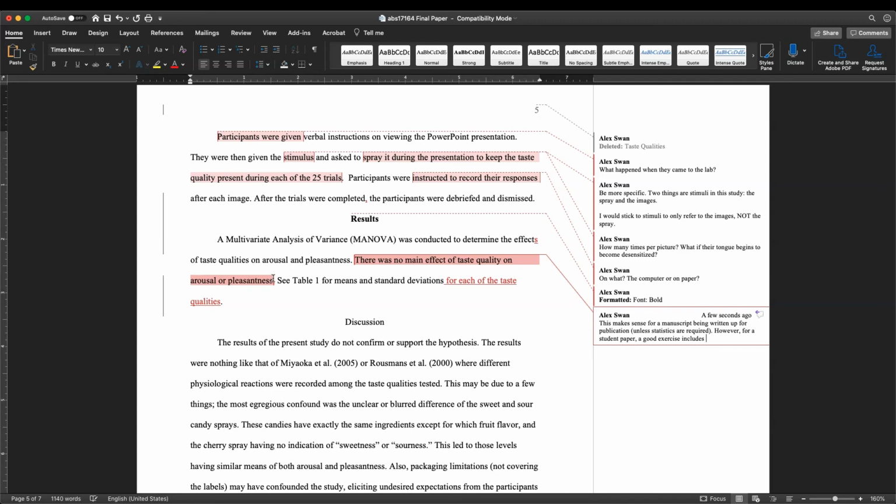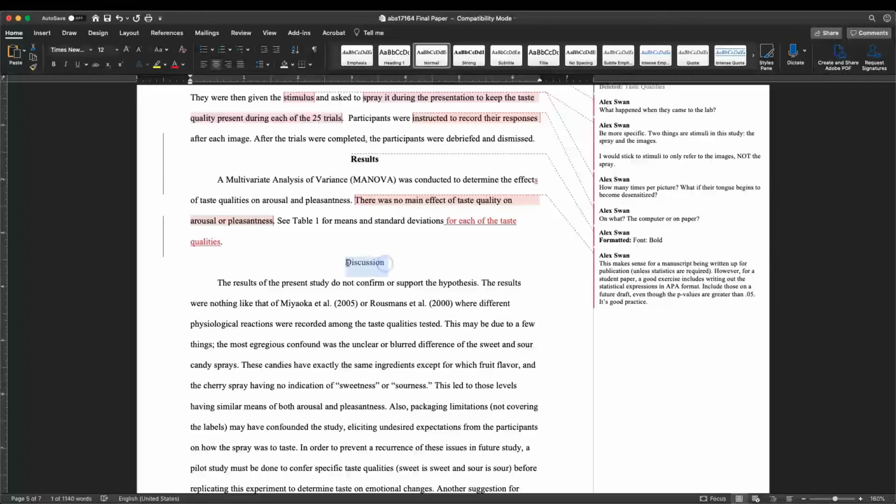So here I would have put the one-way ANOVA, F(2, 50 or 40 something). I don't really feel like doing math right now. Close parenthesis, equals whatever F equaled, which is probably less than 1, comma, p equals some value greater than 0.05.